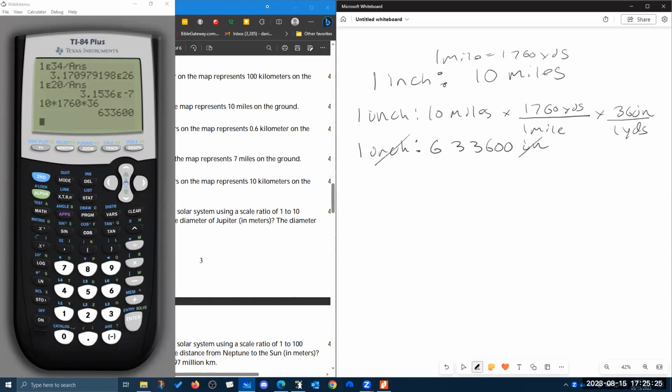So my scaling factor is like so. 1 unit on the map is worth 633,600 of them on the ground.